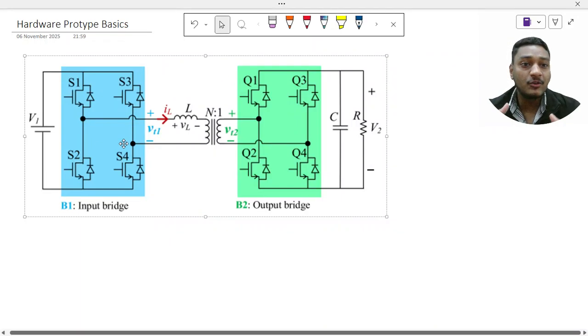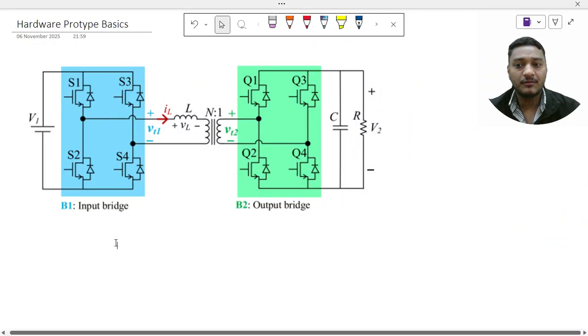Based on that, we select the heat sinks and all. But as of now, for making a prototype just for understanding purposes, you will find the MOSFET which has lower RDS on, and try to buy a total of 8 MOSFETs. Now the second thing is inductor design.